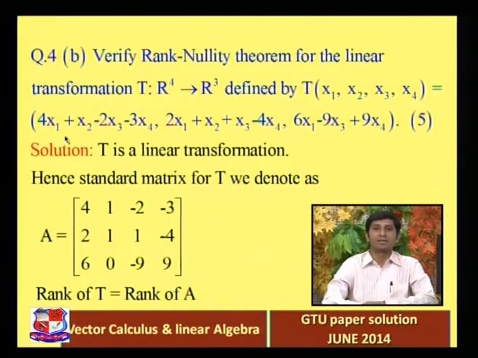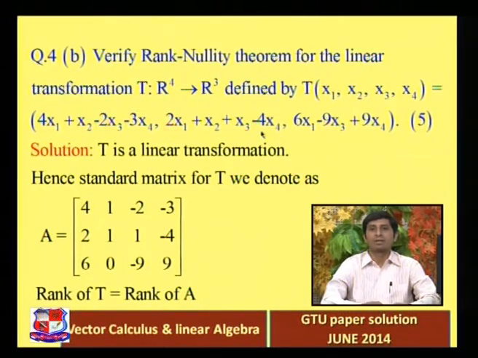How many variables do we have? x1, x2, x3, x4. So the first row is the coefficients of x1, x2, x3, x4 in the first coordinate, that is 4, 1, minus 2, minus 3.